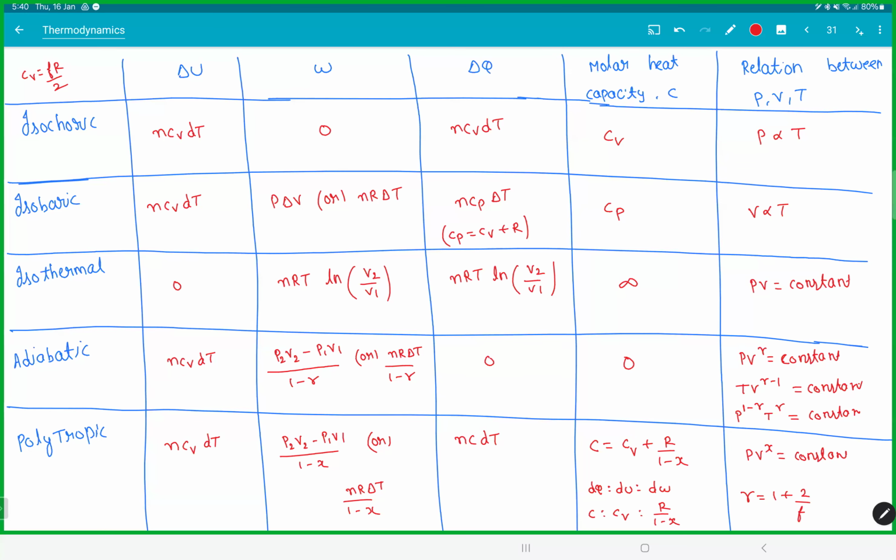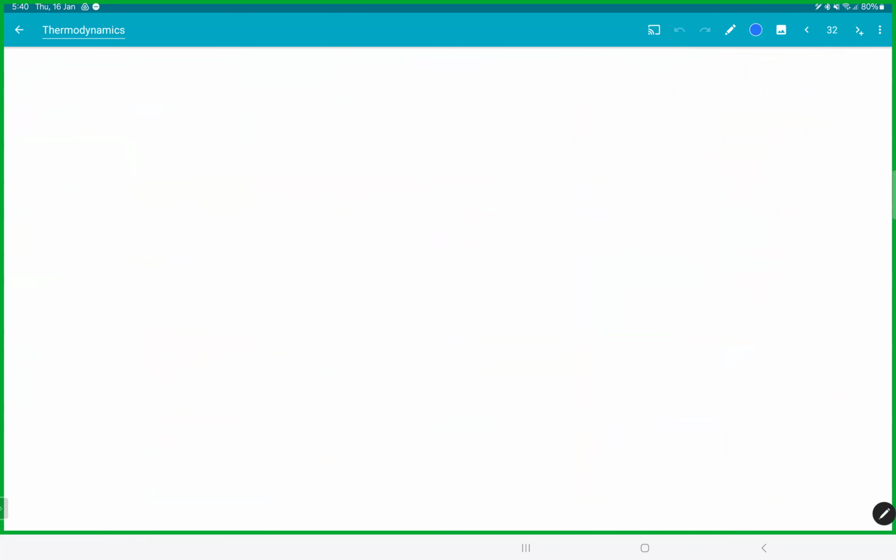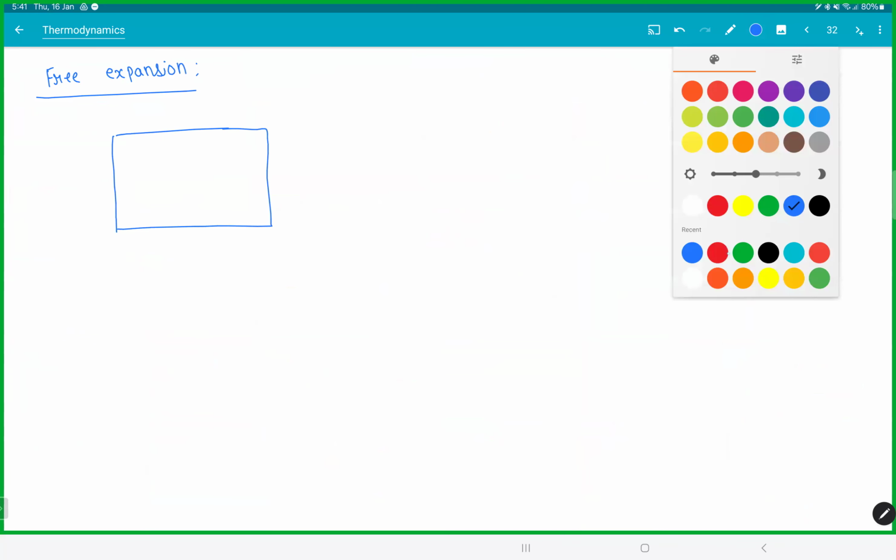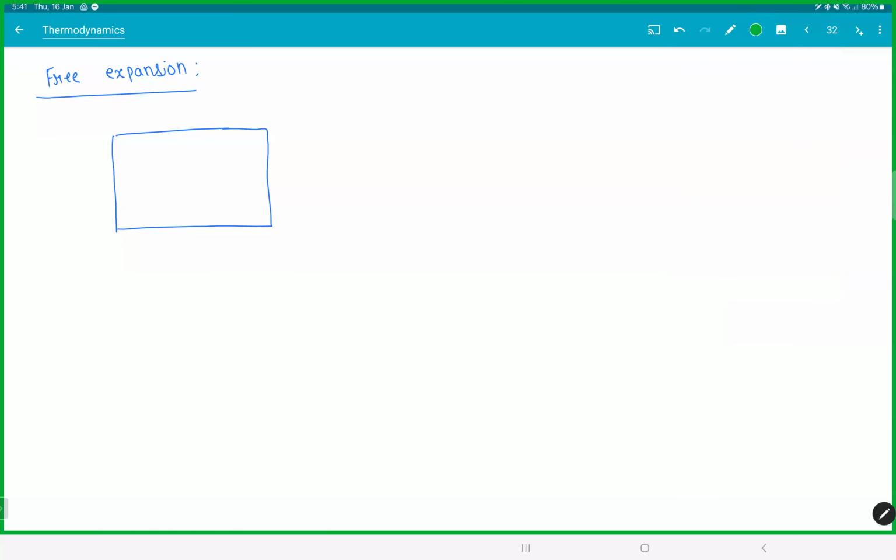Next one. So these are the 5 processes. Out of this, there is a 6th process. Free expansion. Consider we have a container with a membrane.